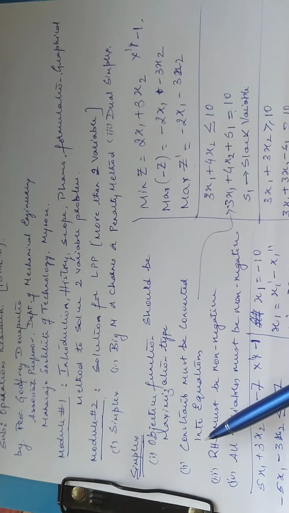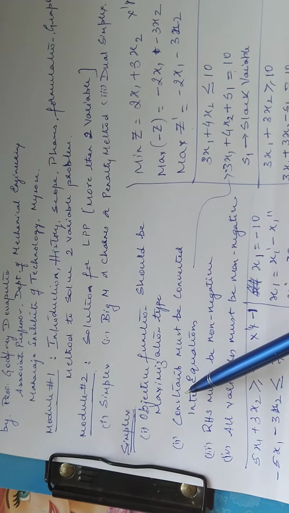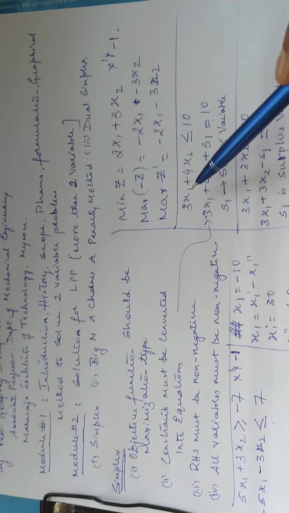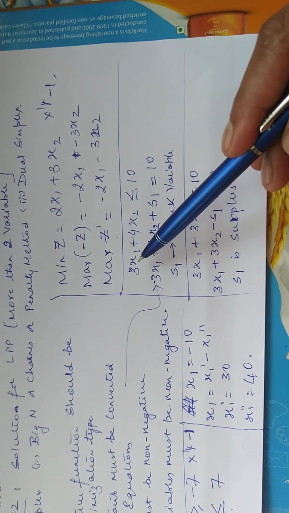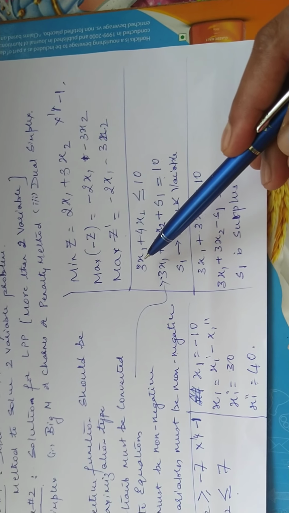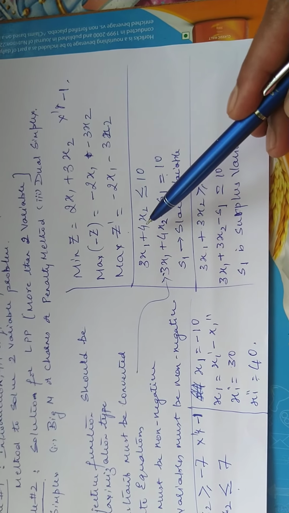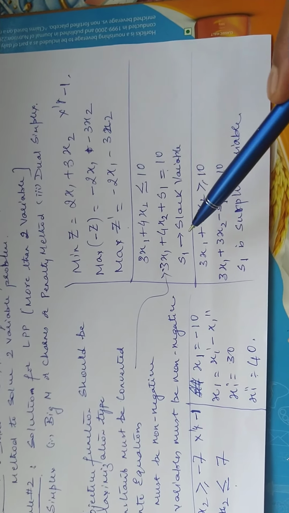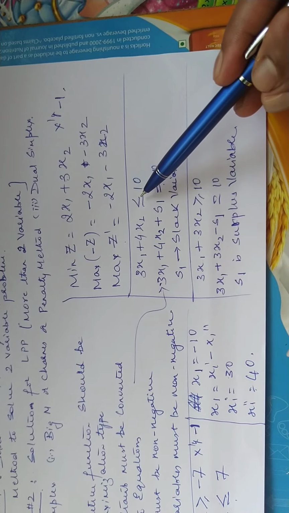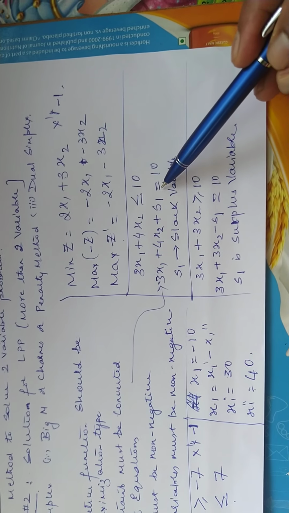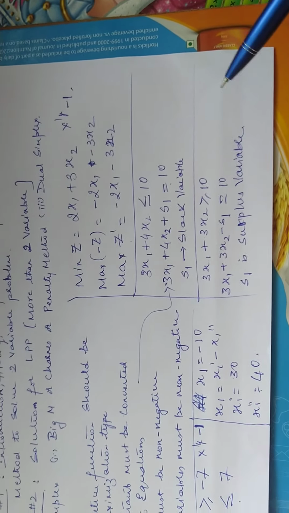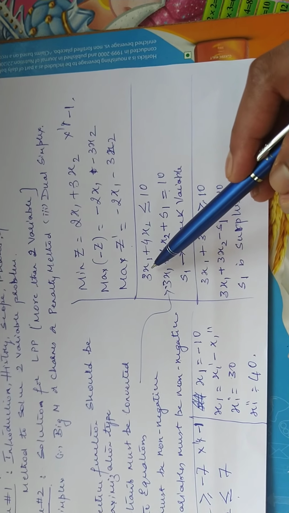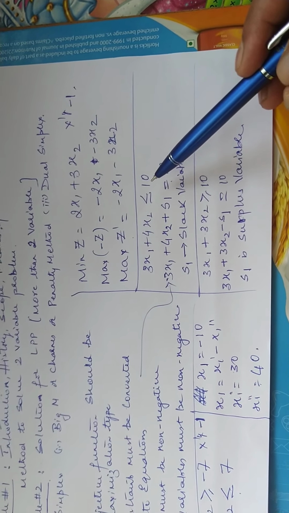The second condition says that the constraints must be converted into equations. For example, if there is an inequality given in the form of 3x1 plus 4x2 is less than or equal to 10, here we are supposed to eliminate this inequality and make it into an equality in order to use the procedure to solve this LPP. So let us first try to understand the logic of this inequality itself.